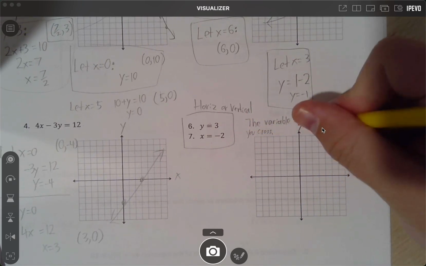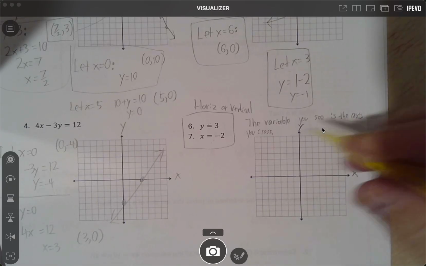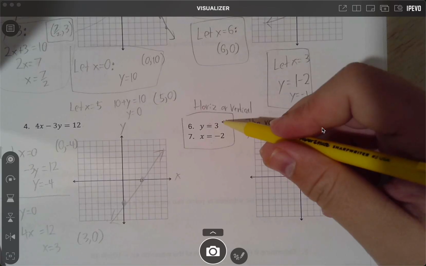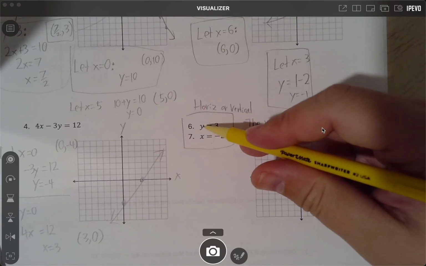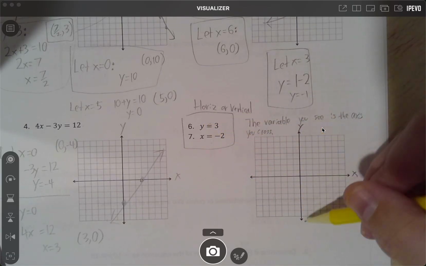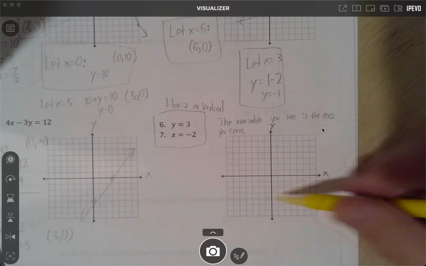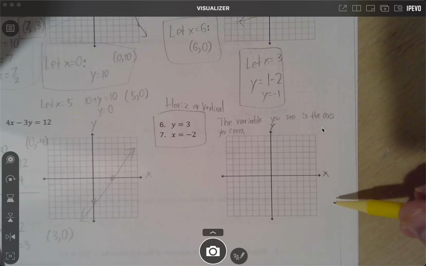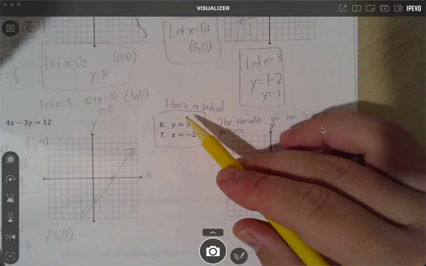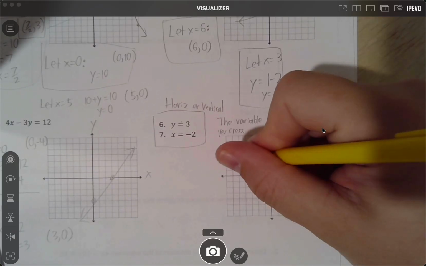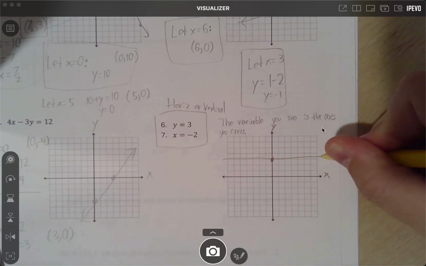So again, there's a y-axis, there's an x-axis. My first equation, number 6, says y equals 3. So I'm going to cross the y-axis. If I'm crossing through this axis, how do I cross through a vertical axis? Well, I must be horizontal. And where am I going to be horizontal? Where am I going to cross through this axis? Well, at 3. So here's 3 on the y-axis. Here's me crossing through it.